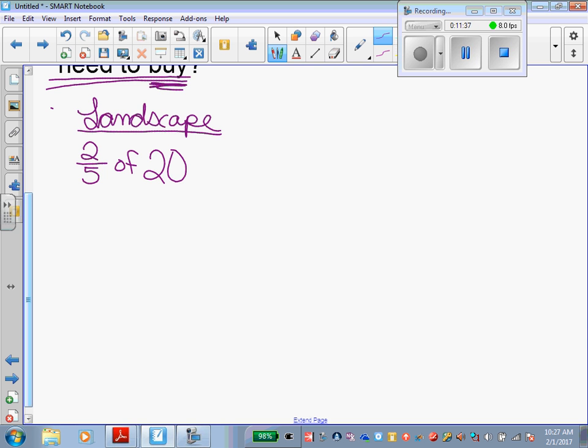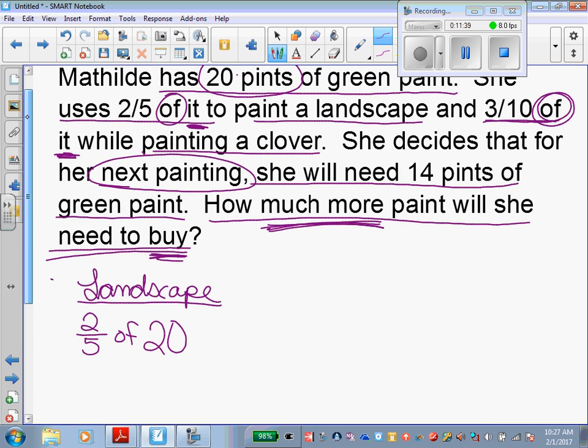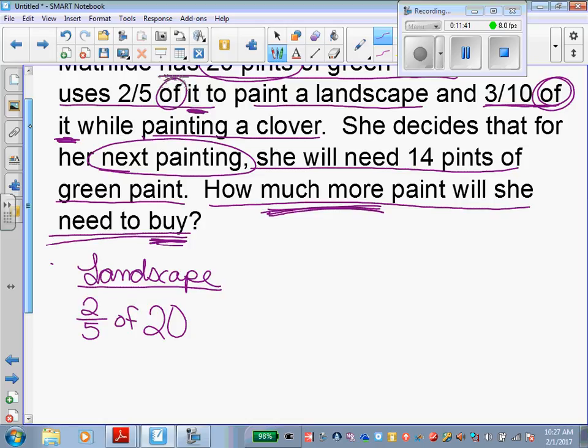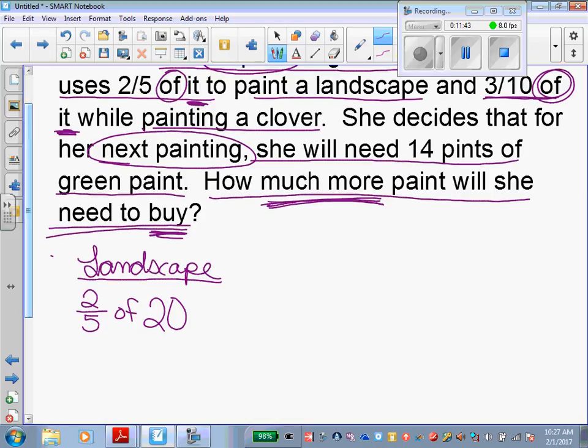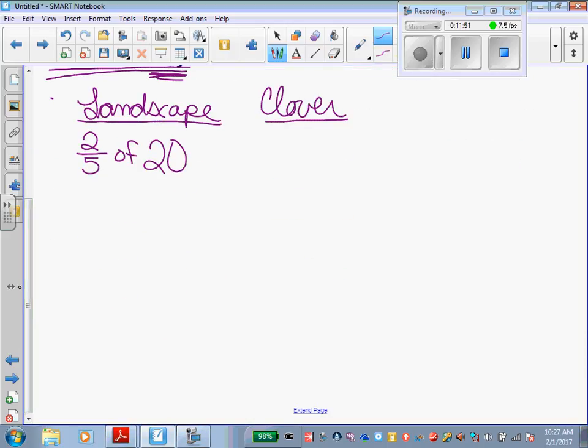I want to continue to pull out my important information so I can solve it easier. What does she use for the clover? 3/10. 3/10 of what? 20.